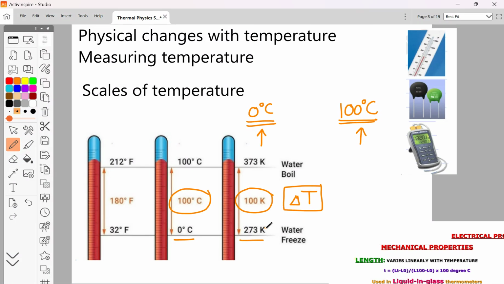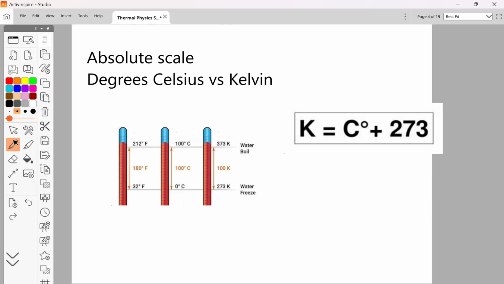In Kelvin, the change is the same. The only reason why the Kelvin scale is important for us is because it gives us the absolute zero scale.